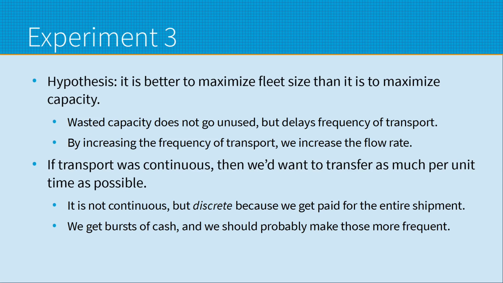It's discrete. And so the more of these bursts we have, the hypothesis is that the more income we'll get overall because we'll be able to get more trips out, and therefore it's better to maximize fleet size.